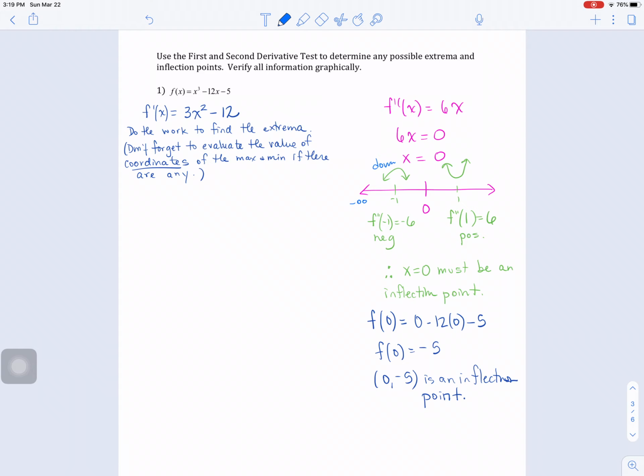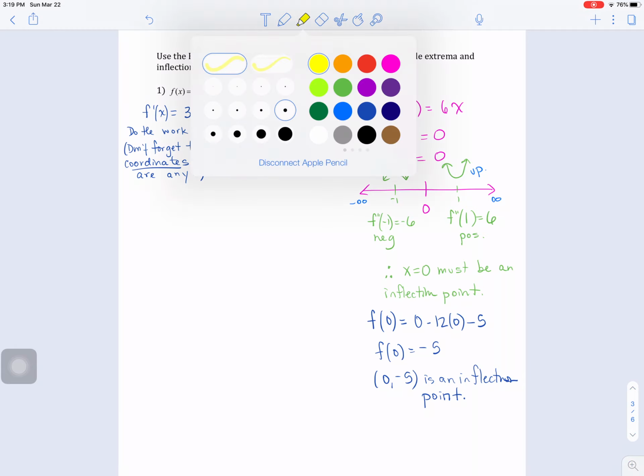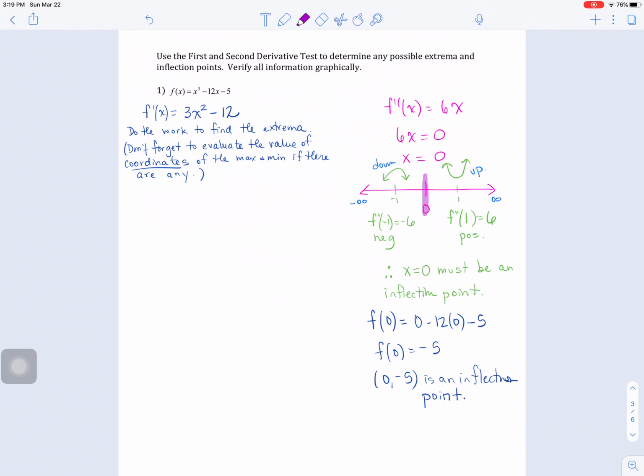Then I plugged in a test point of 1 from 0 to infinity. The second derivative at 1 is 6, which is positive, so the graph is concave up on the interval from 0 to infinity, which means that x equals 0 is an inflection point.